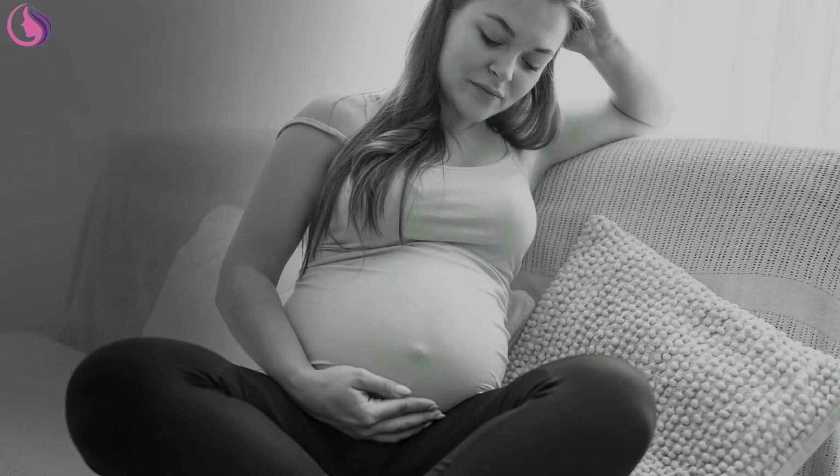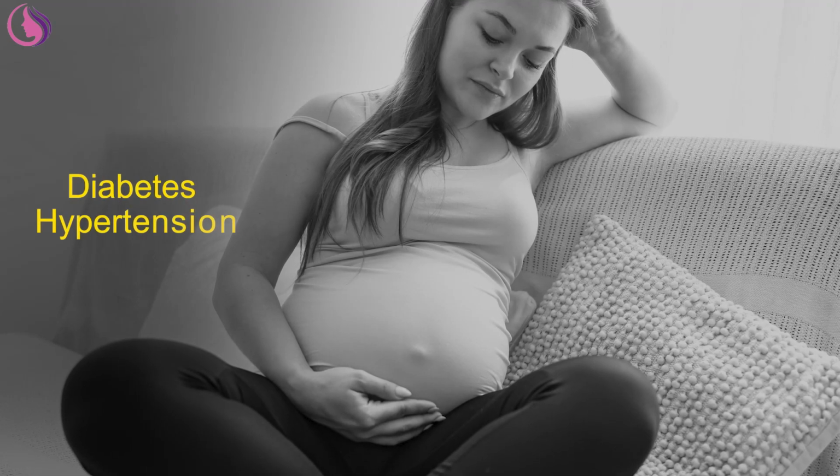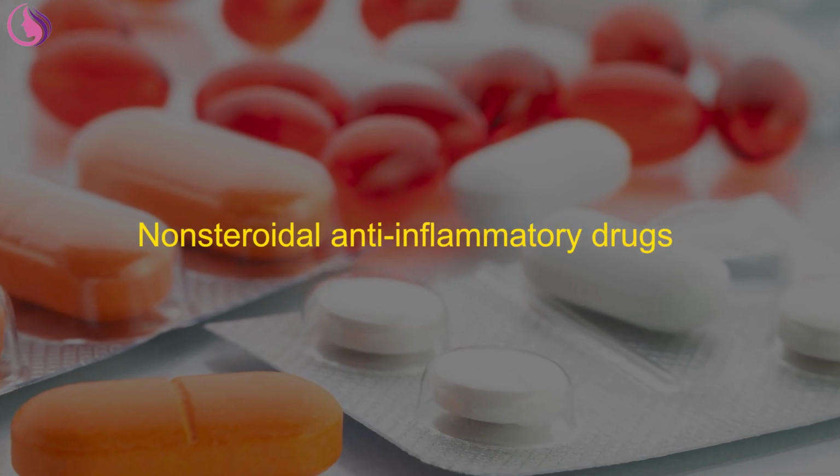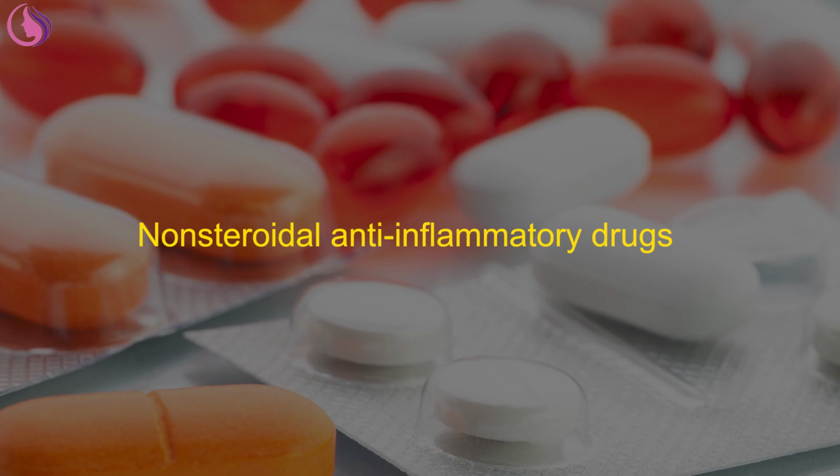Then third, there could be maternal reasons. That means if the pregnant woman has diabetes, hypertension, or is taking non-steroidal anti-inflammatory drugs, that side effect can actually decrease liquor also. Then fourth can be placental causes. That means if there's premature separation of the placenta from the uterine wall, even that can result in low liquor.